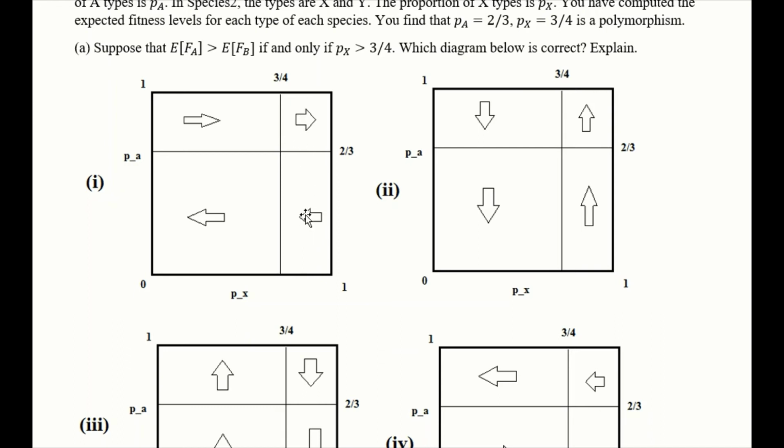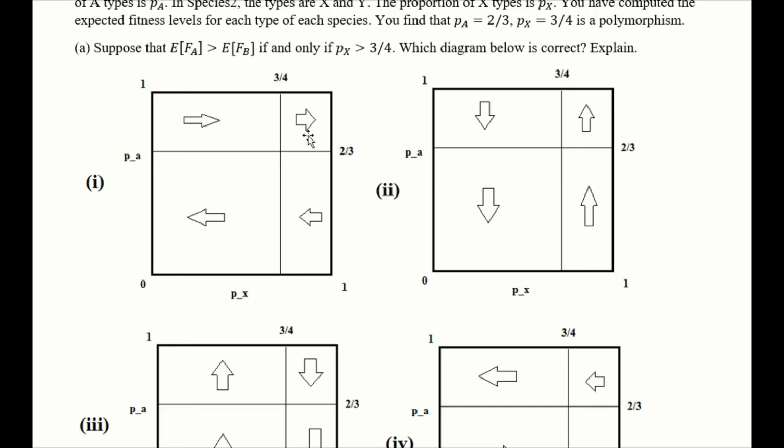We're saying that the A types are fitter when you're in this region. If that's true, then you'll start seeing more A types. If A types are fitter, they'll live longer, they'll reproduce more, they'll pass on their genes, so PA is going to go up. PA is on this axis over here, so if you're in this region, PA is going to rise, so the arrow should be pointing up over here.